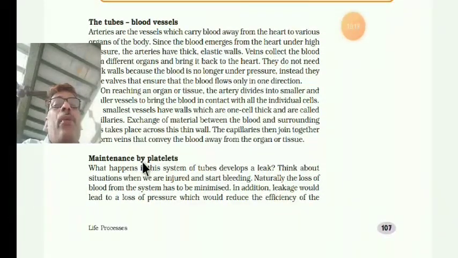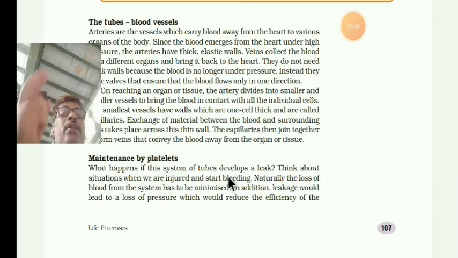Now, maintenance by the platelets. You know RBC, WBC and platelets. What happens if the system of tubes develops a leak? Think about the situation when we are injured and start bleeding. Naturally, the loss of blood from the system has to be minimized.